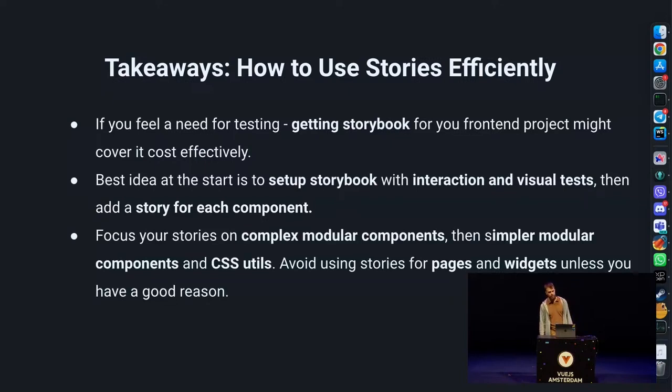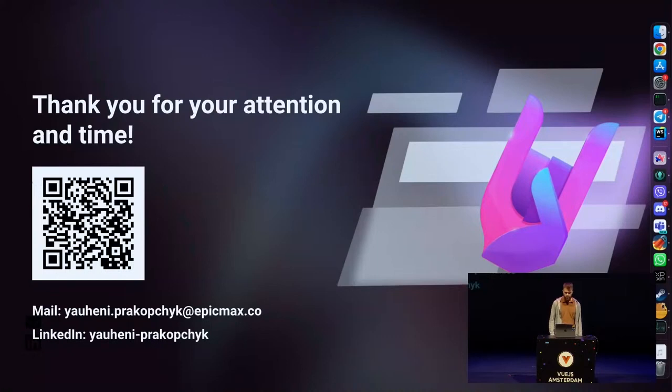I believe it's a great idea to focus stories on complex modular components first, then simpler modular components and CSS utils. And for as long as you want, avoid using stories for pages and widgets, because that's very hard to do. And that's it from my side. Thank you for your attention. I hope that was useful.